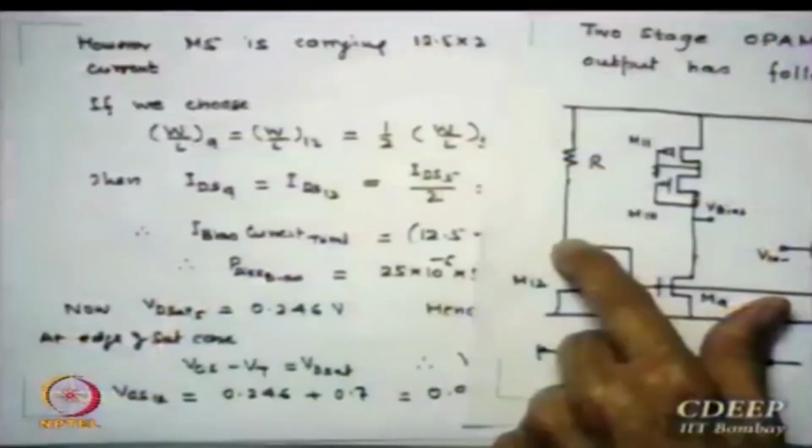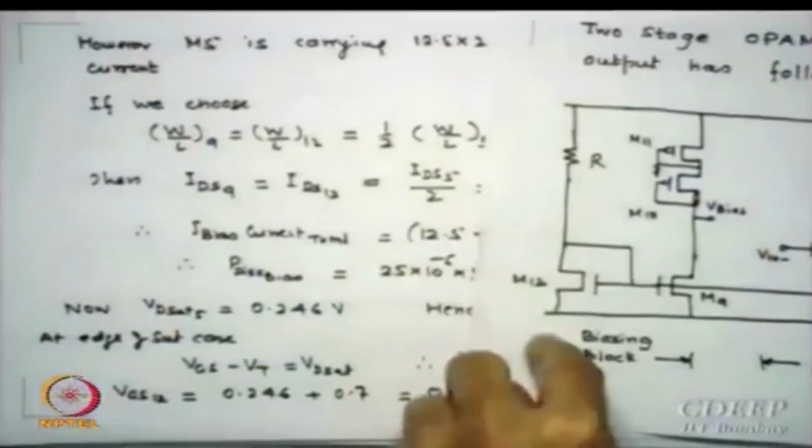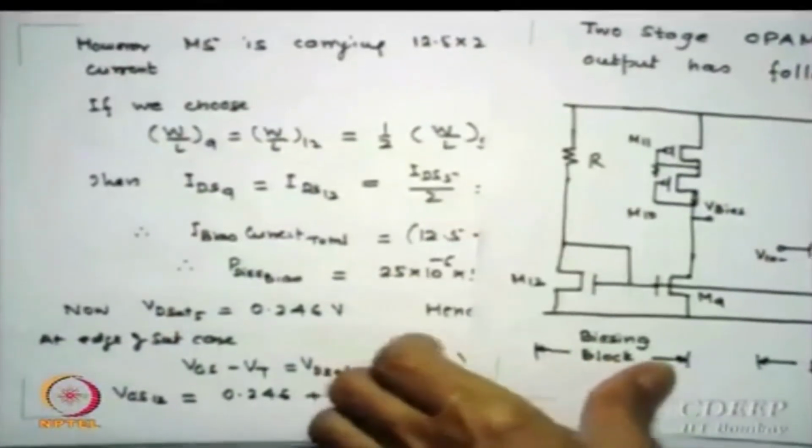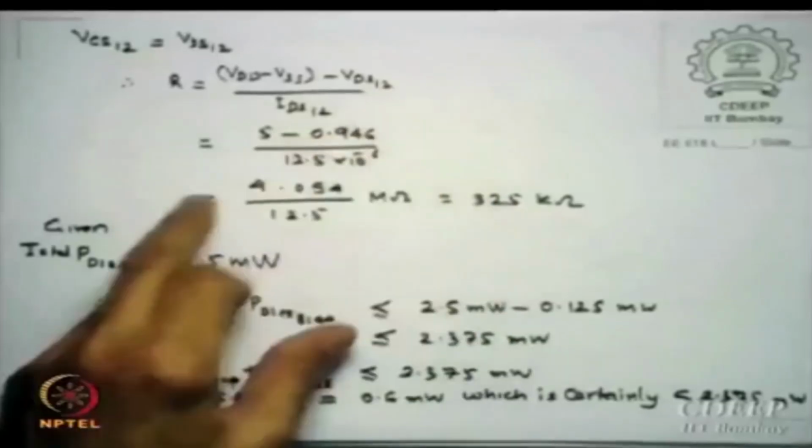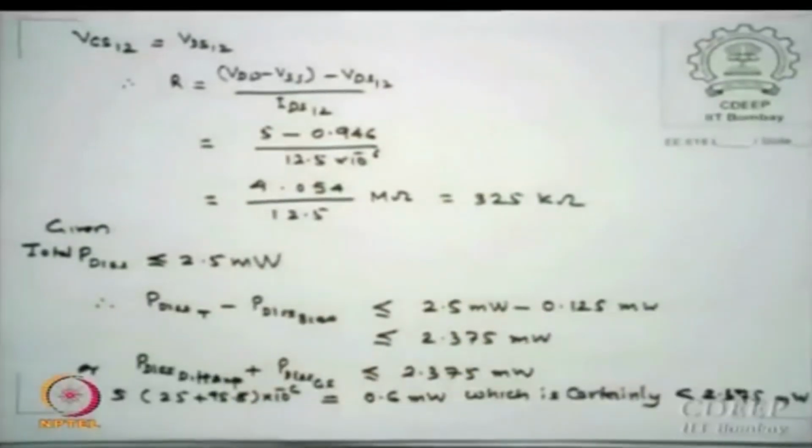Current I know, so I know this voltage. This voltage minus VSS minus this voltage divided by R is the current 12.5. So I derived the expression, R is equal to VDD minus VSS minus VDS12 into this, which gives me a value of 325 kilo ohms.